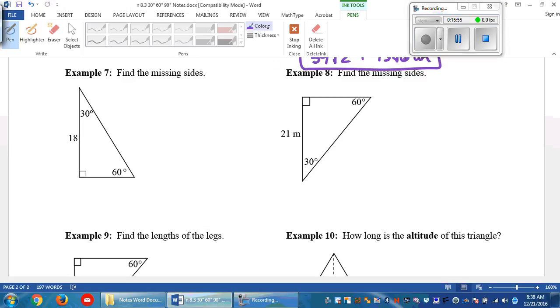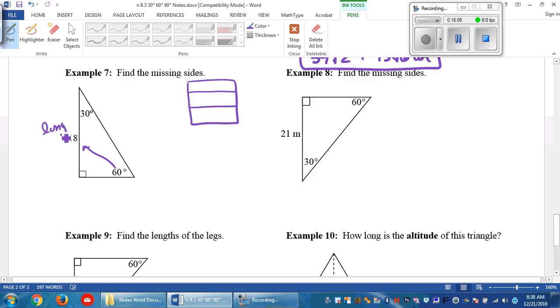Okay. Continue on. Now we're going to get a little bit more challenging because we're crossing the 60, so this is the long leg, which is 18. If we need to go backwards, instead of multiplying, we're going to take 18 and divide by root 3 because this is the x root 3 side. You can't leave it down there, so you multiply top and bottom.